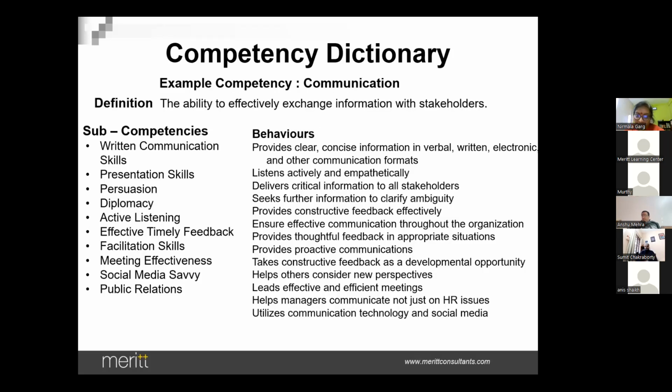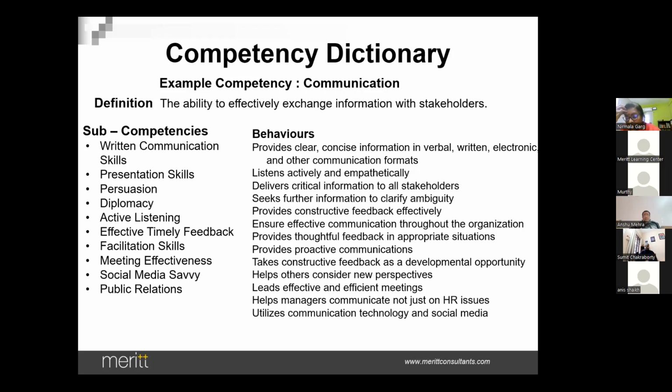Now, for example, I've written communication. Can you see very clearly? Now, under communication, I have written the definition of communication: the ability to effectively exchange information with stakeholders. So that's a typical definition of communication.